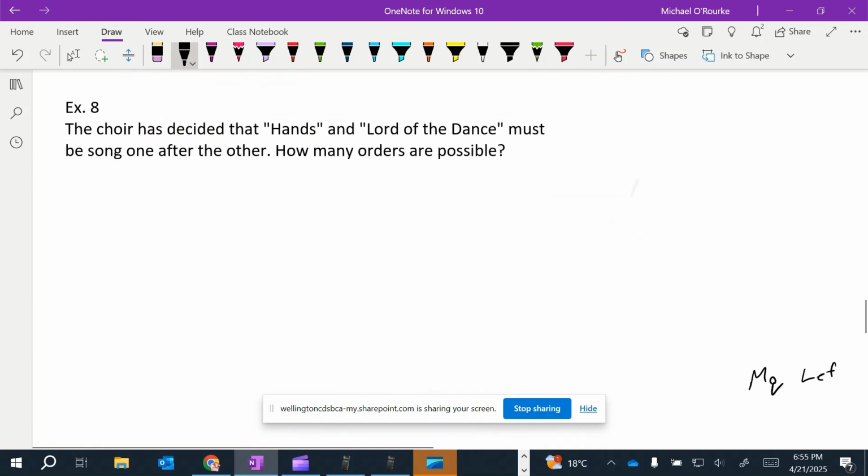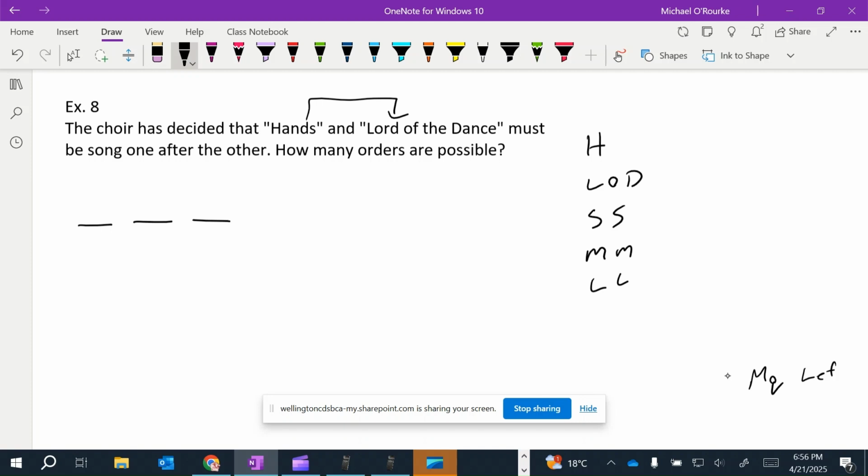Now we're going to get tricky. The choir has decided that Hands and Lord of the Dance, so say H is Hands, Lord of the Dance, we have SS, MM, and LL. Those are our songs. These have to be beside each other. So what we do here is we're going to make a box here.